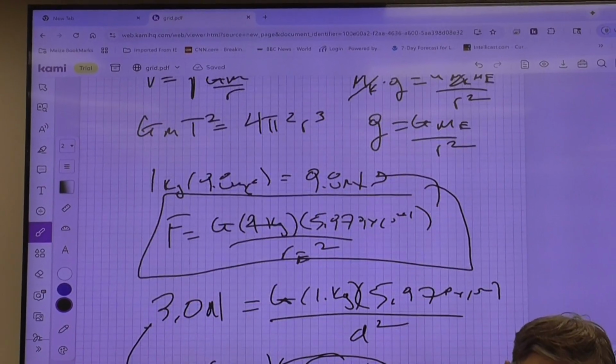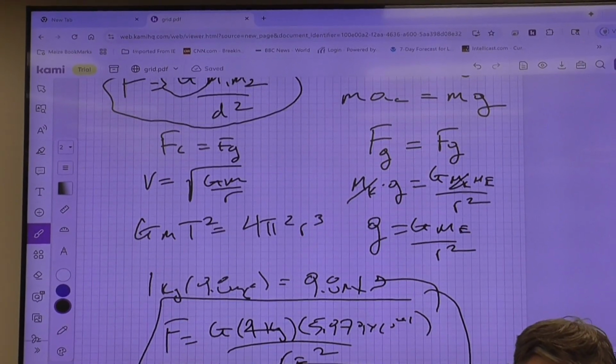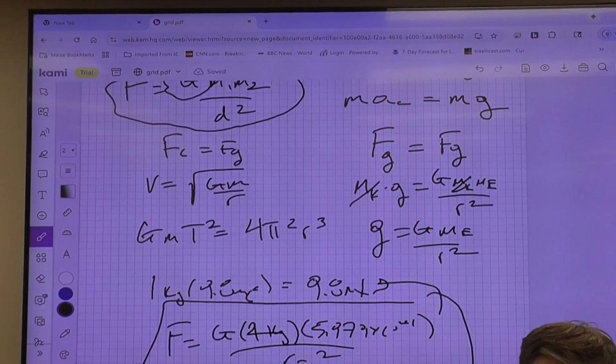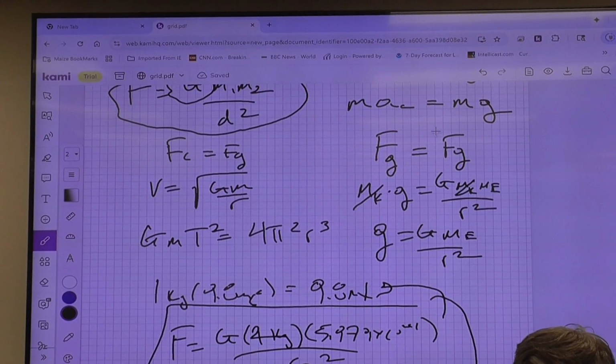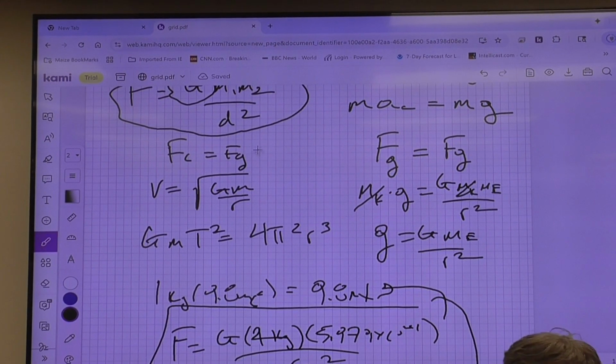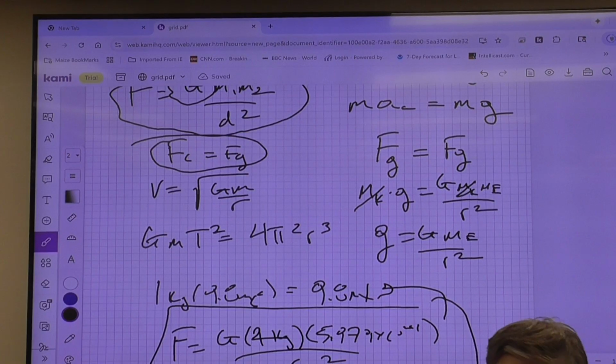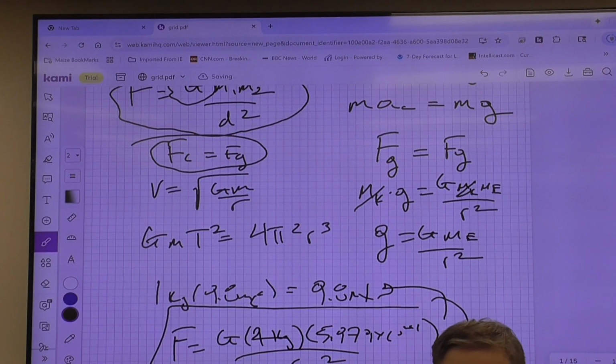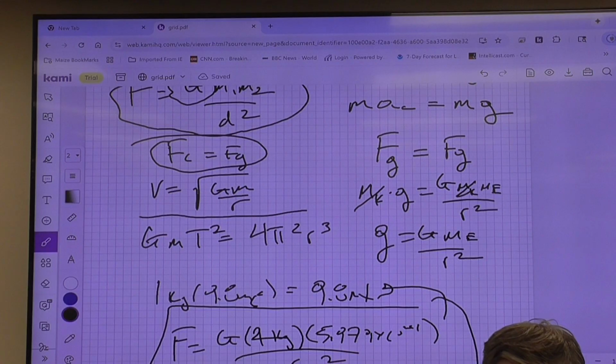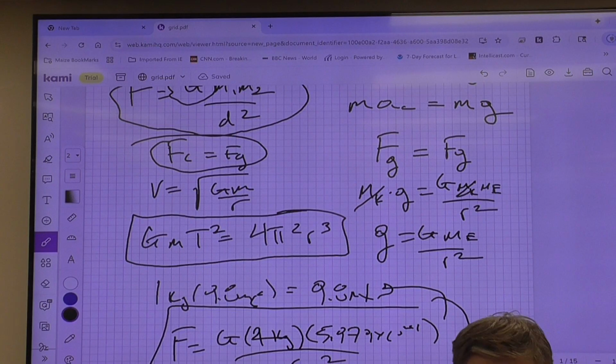Now, the other thing, if you go back up to where we started, since centripetal force equals your gravitational force, and again, on the front of the test, I'm going to tell you straight up, here are the equations I'm going to give you. Little v, the Swiss Army knife equation that allows you to solve for mass, period, or radius.